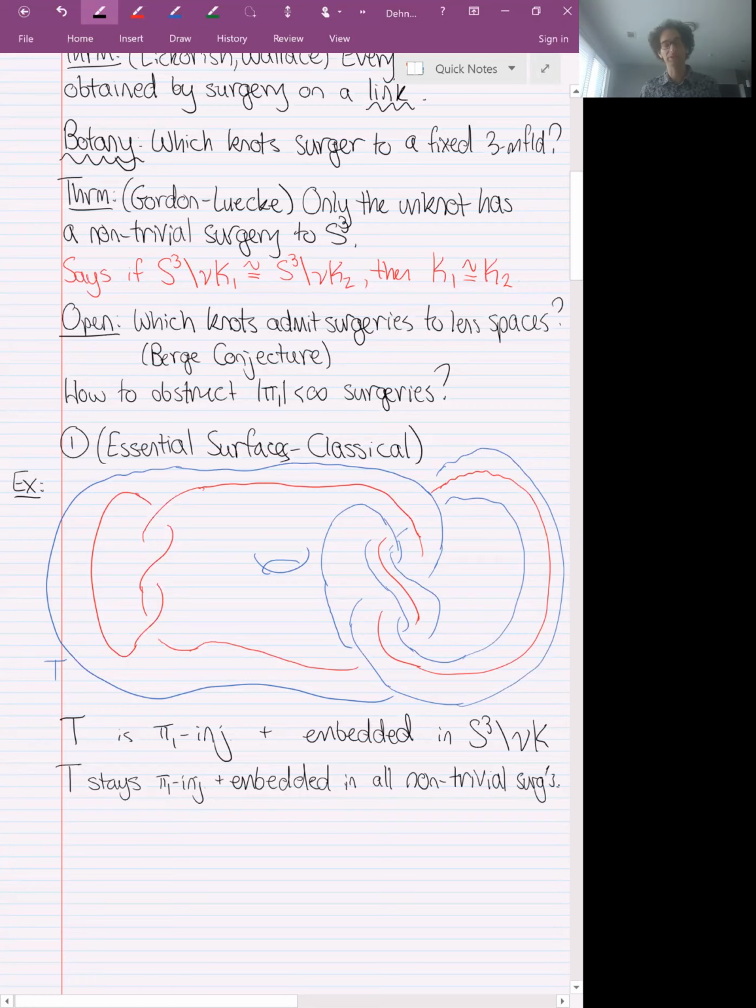And so in particular, that's telling us we're getting Z plus Z subgroups, and therefore pi1 is infinite.